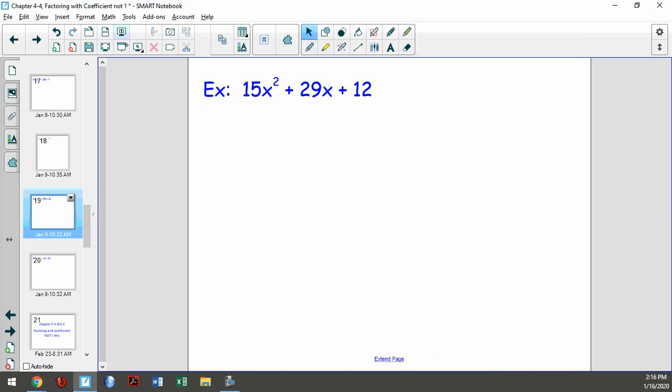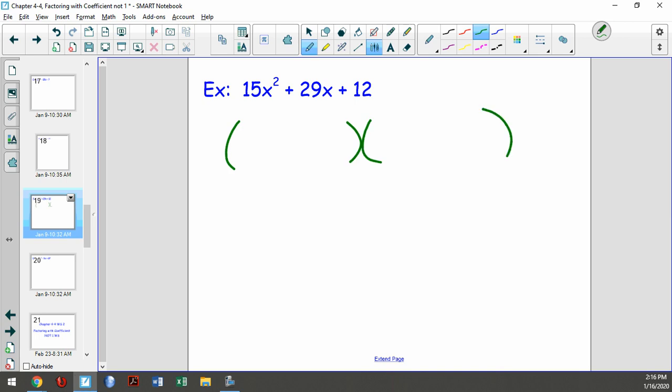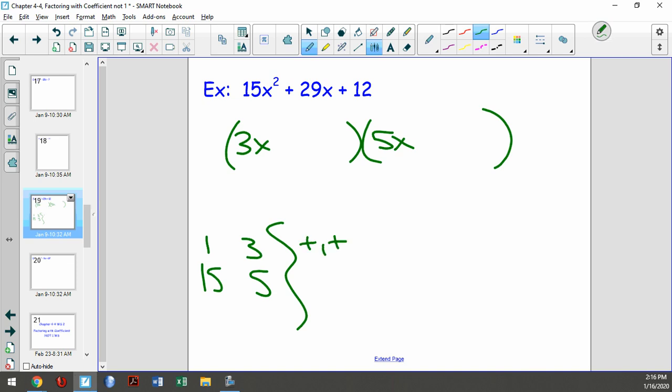No, I do not. So, two binomials. Factors of 15 are 1 and 15 and 3 and 5. What do you think we should use? 3 and 5. So I'm going to use a 3x and a 5x. I need to have a positive 12. So that's plus plus or minus minus. What is that going to be? Plus plus. And I'm going to add.